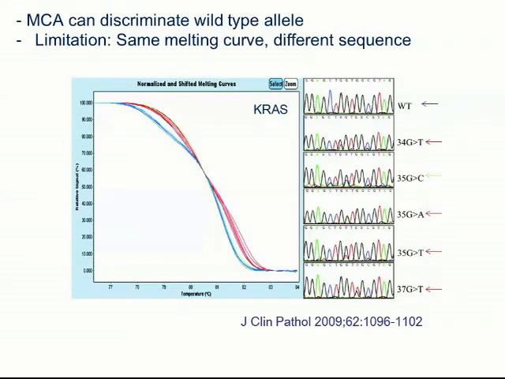The main limitation is same melting temperature, different sequence, as seen over here. So we have all 35 position nucleotides seen over here, G to C, G to A, G to T, and with different energy levels, at least two different energy levels, and they have minimal variations, but if it is still the same, it has the same energy level like G to A, G to C, G to T. So these two lines have quite similar melting curve patterns.